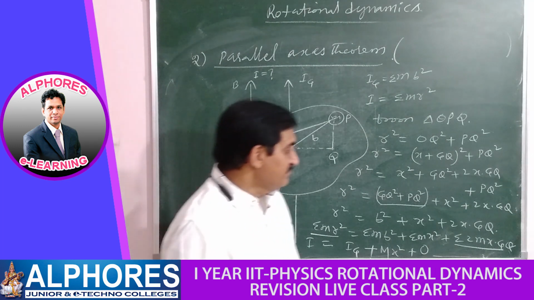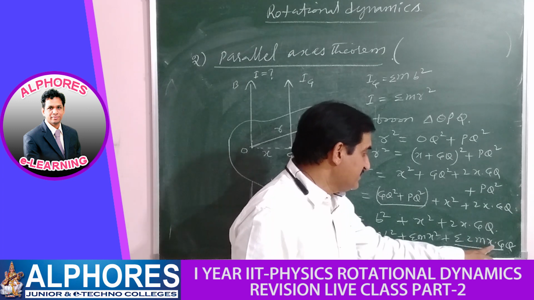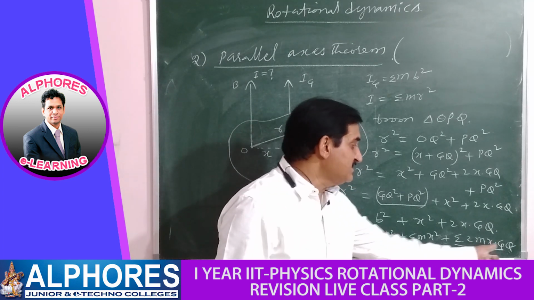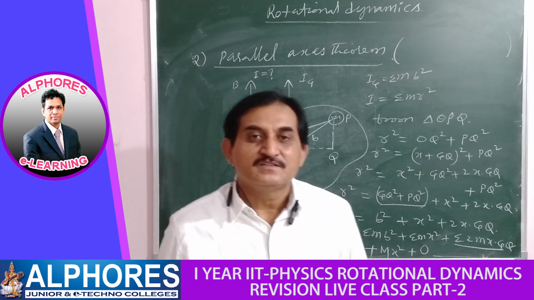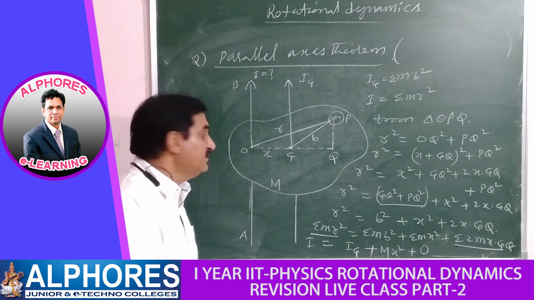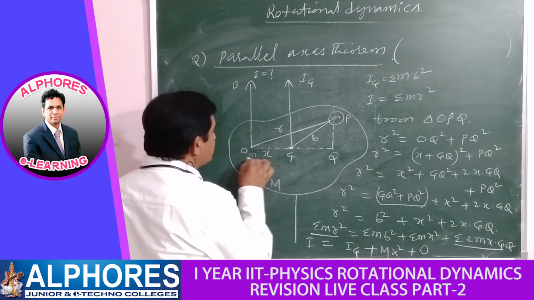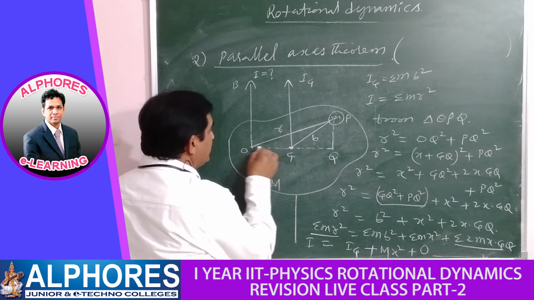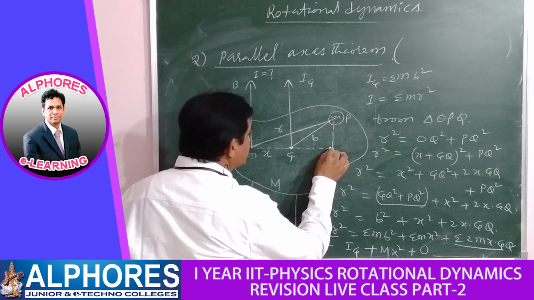I would like to remind you about this point, summation 2mx. mx means mass into distance. Distance from where? The distance is taken from the center of gravity. See here, this is the center of gravity. Suppose somewhere here a mass is imagined, m into x on one side, similarly m into x on another side.